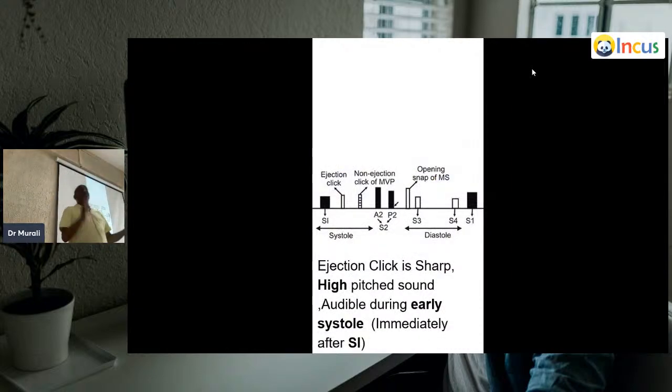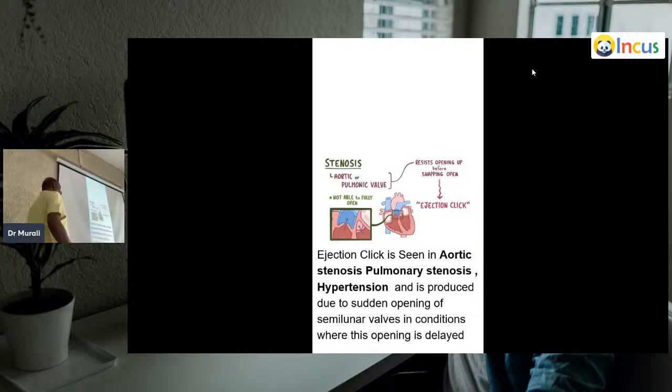Then how do you describe an ejection click? An ejection click is sharp, high pitched, and audible during early systole, immediately after S1. That is what you need to remember. Then what are the conditions where you see an ejection click? Any valvular stenotic lesion, like aortic stenosis, pulmonary stenosis, or hypertension, can lead to the production of an ejection click.